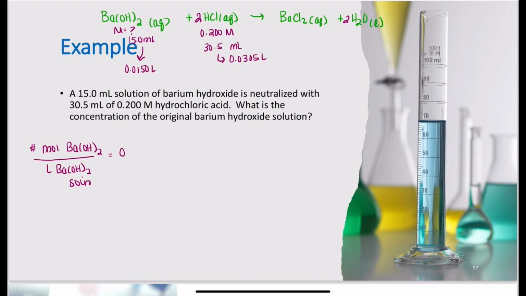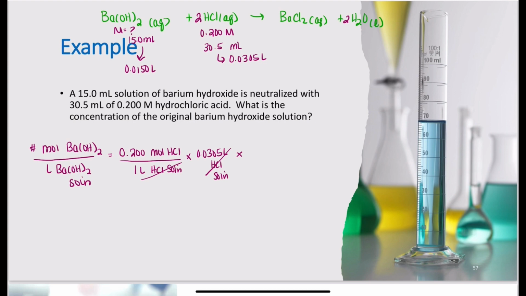I'm going to start with my HCl, because that's what I know. I have 0.200 molar, which is 0.200 moles of HCl for every 1 liter of HCl solution. I have 30.5 mils, or 0.0305 liters, so times 0.0305 liters of HCl solution.